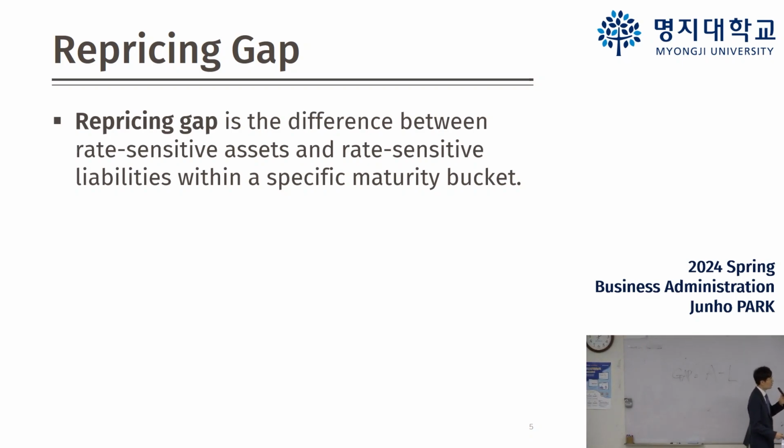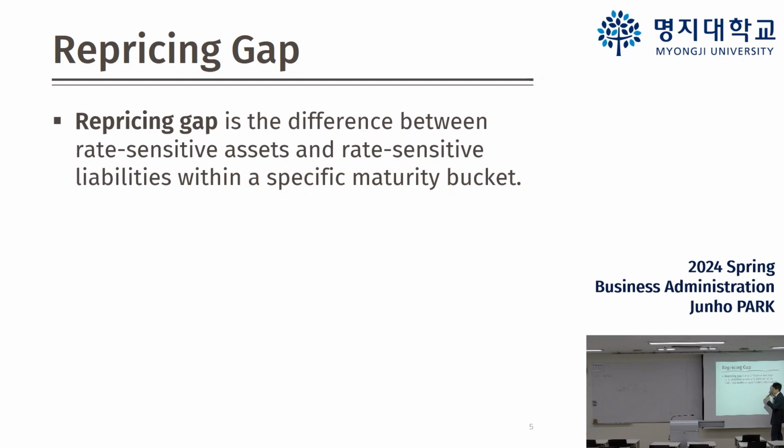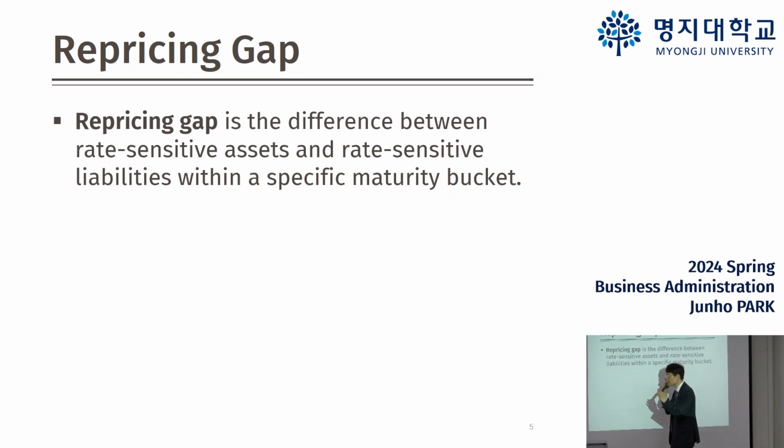But we are not going to include any kinds of assets or liabilities. We are going to think about assets and liabilities within a specific maturity bucket. For example, we are going to collect only assets and liabilities whose maturities are between 1 day and 3 months, or 3 months to 6 months.